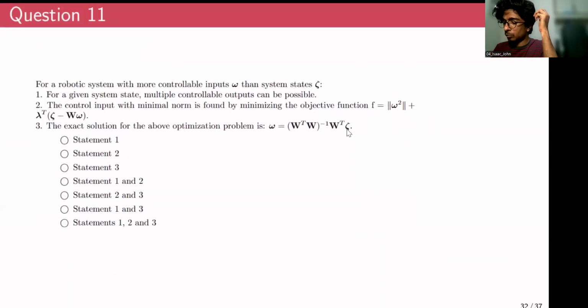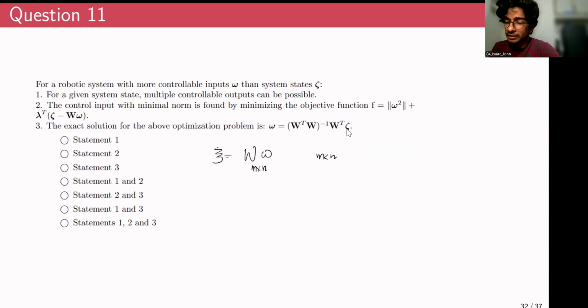Okay, so 3 more questions. For a robotic system with more controllable inputs than the system states, we have this general wheel matrix relation, zeta as W multiplied by omega. So more control inputs means m is less than n.